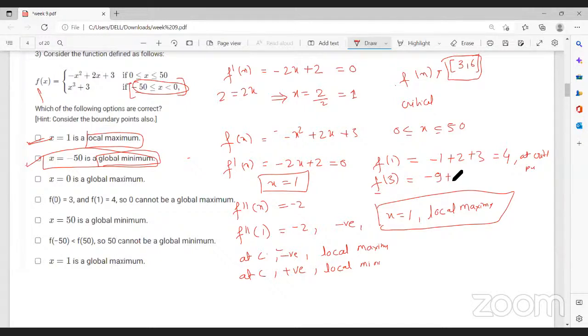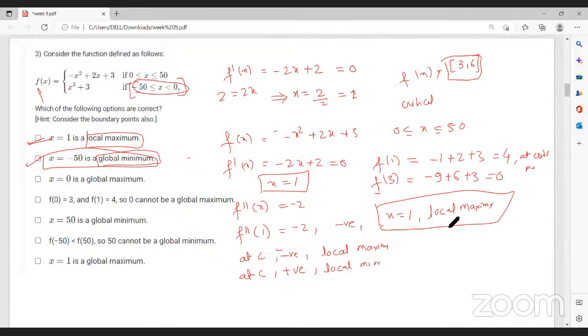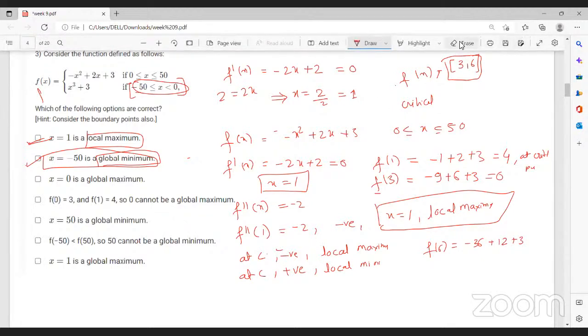Oh, sorry, what am I doing? I was taking 3 and 6 from a different function. I have to consider 0 and 50. So we have to calculate f of 0.